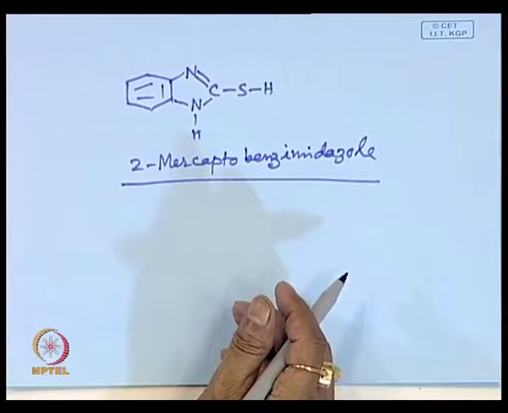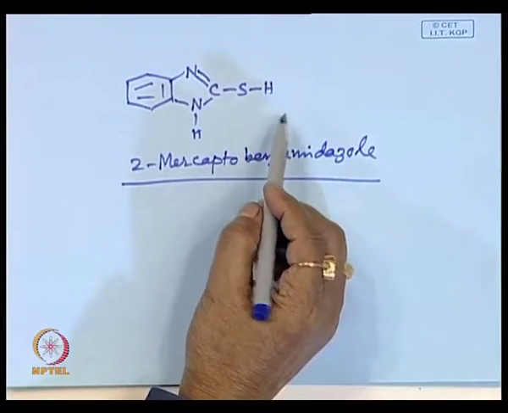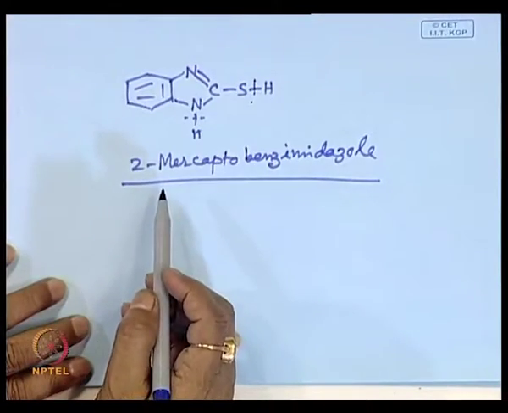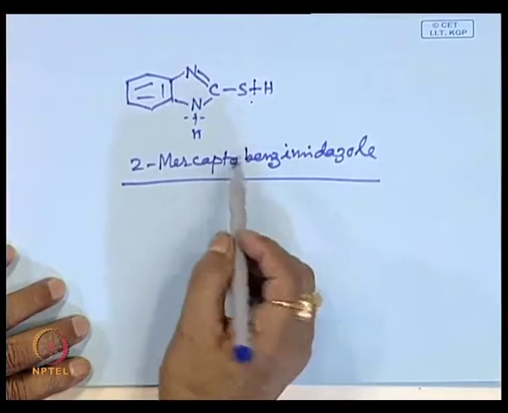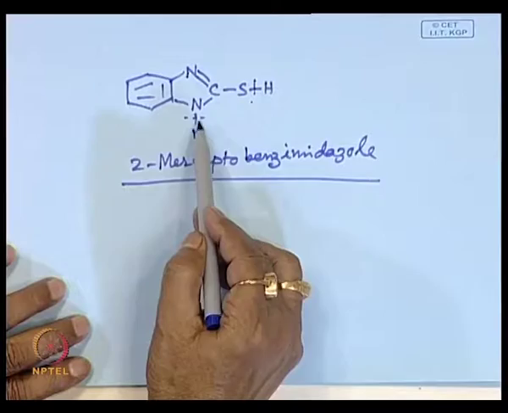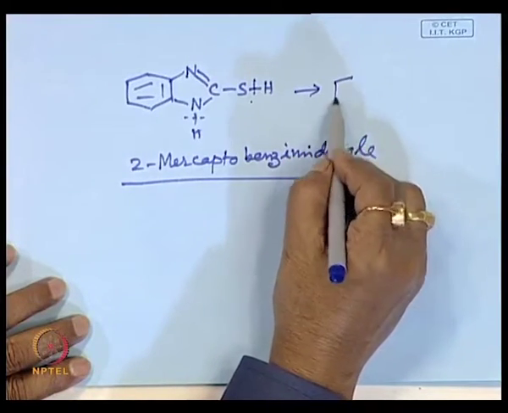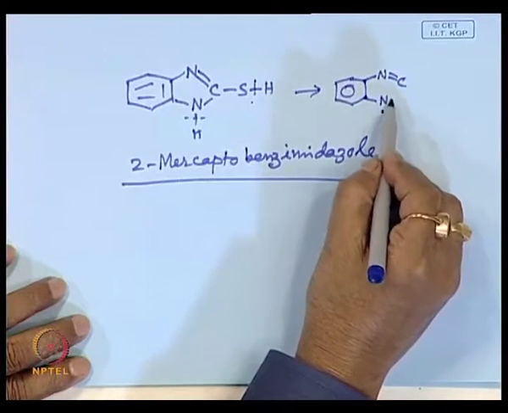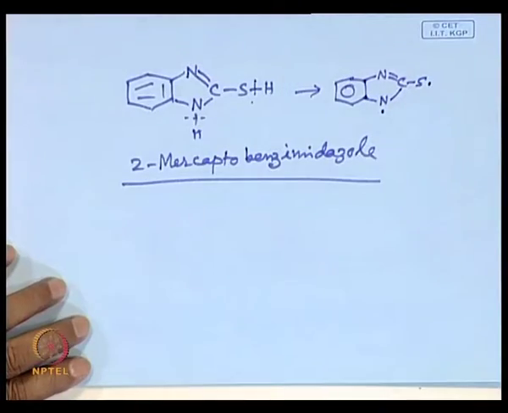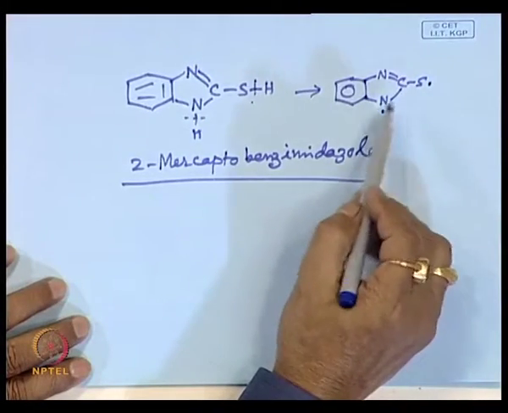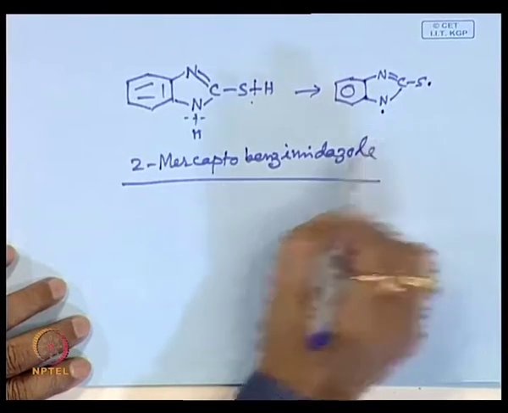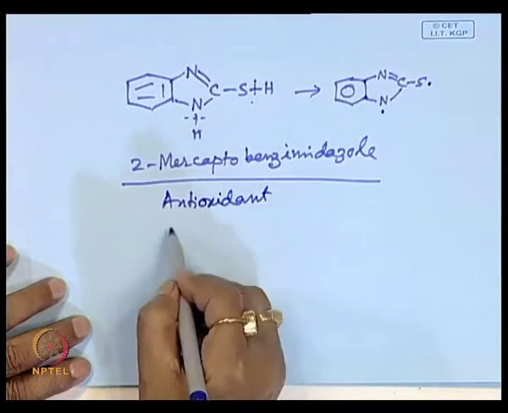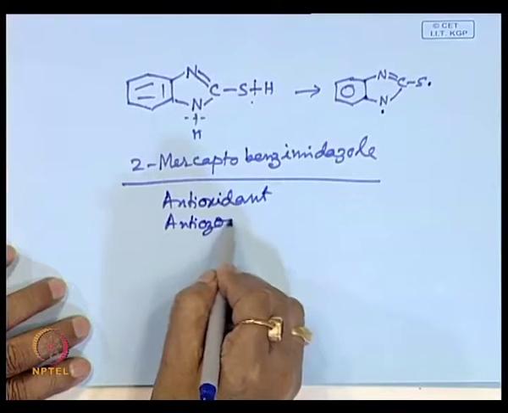Two mercaptobenzimidazole. Now, here you see two bonds are there, NH and SH. These bonds can break, forming S radical and N radicals here. These are stable radicals, that is why this is known as a good antioxidant as well as anti-ozonant.